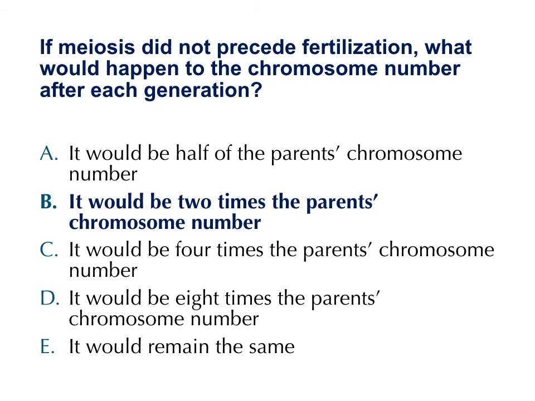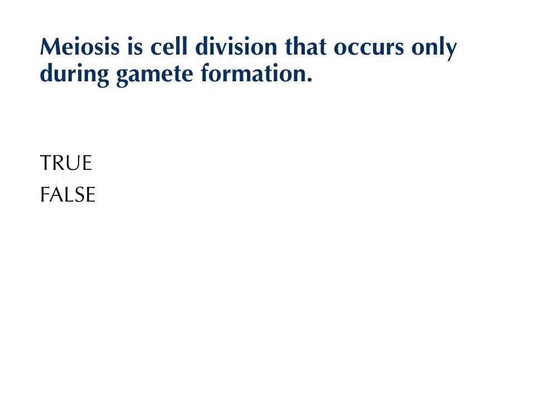So we'd always be increasing or doubling. And so you could see how that would get out of control. Meiosis is cell division that occurs only during gamete formation. And we just did a question like this, and it is true. Meiosis is cell division that occurs only during the formation of gametes.